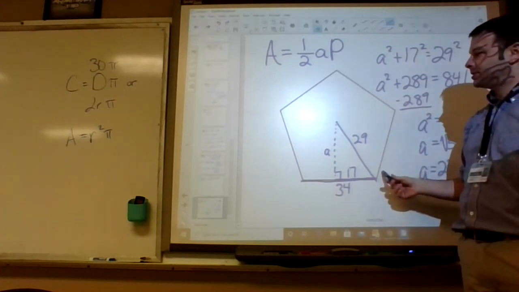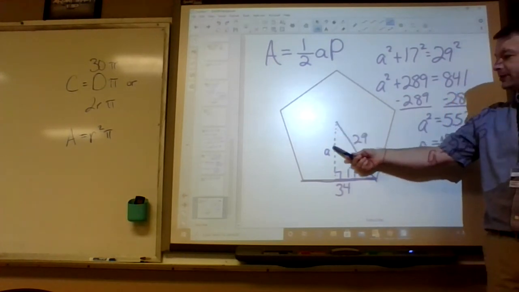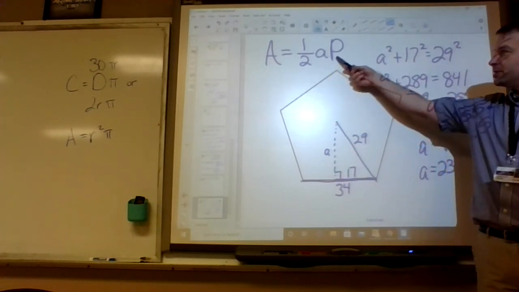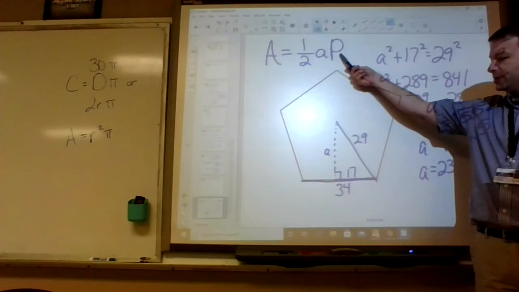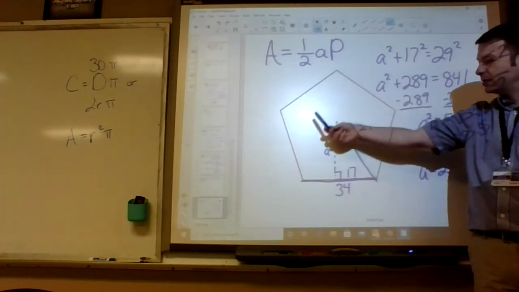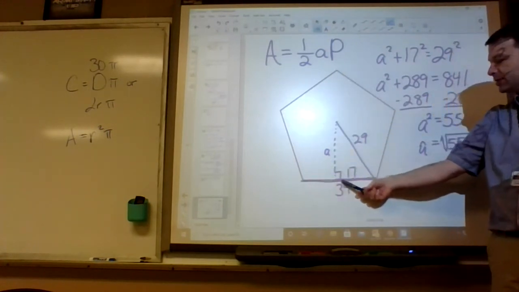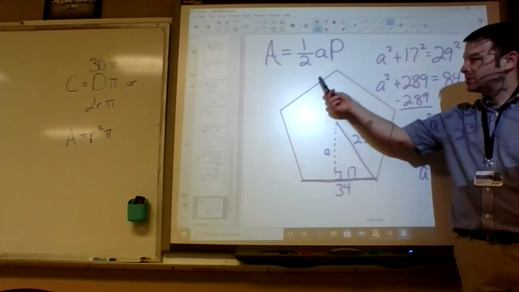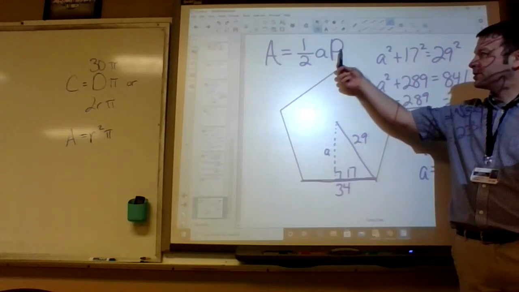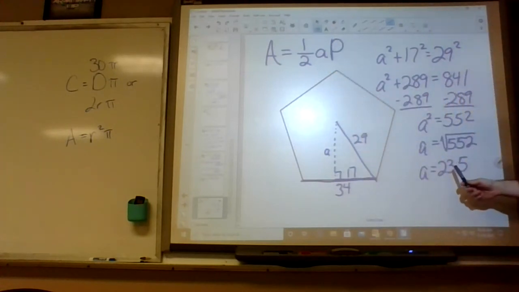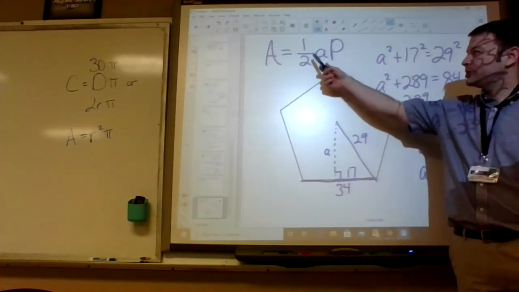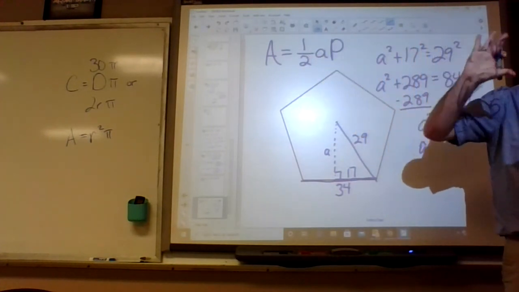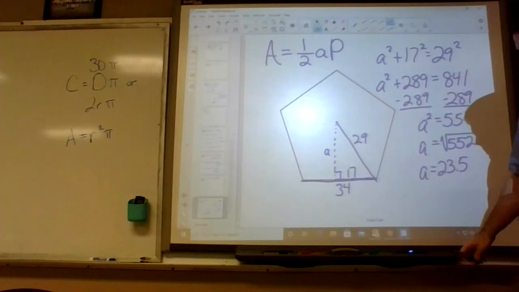Is that our answer? No, that's the apothem. We need the apothem to help us find the area. So, is the perimeter 34 on this? No. The perimeter is 34 times 5. So it's 34 times 5 times that thing times a half is the area of the pentagon. And you take that away from the area of the circle.